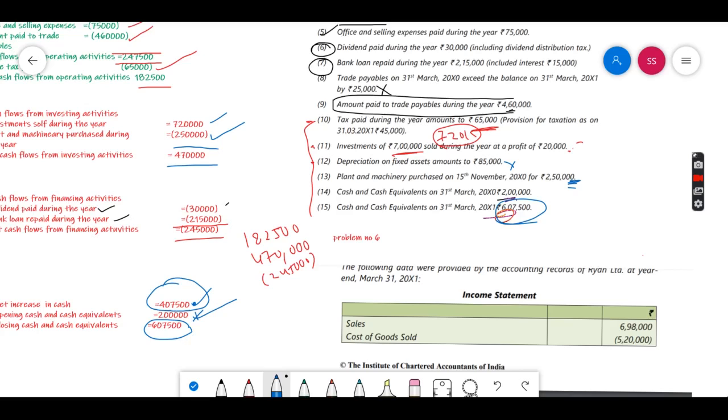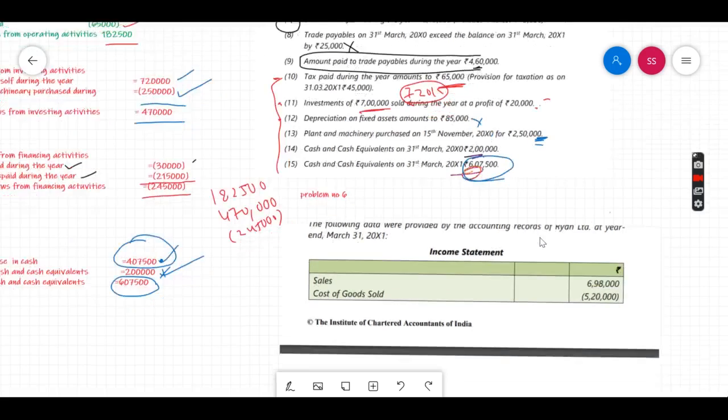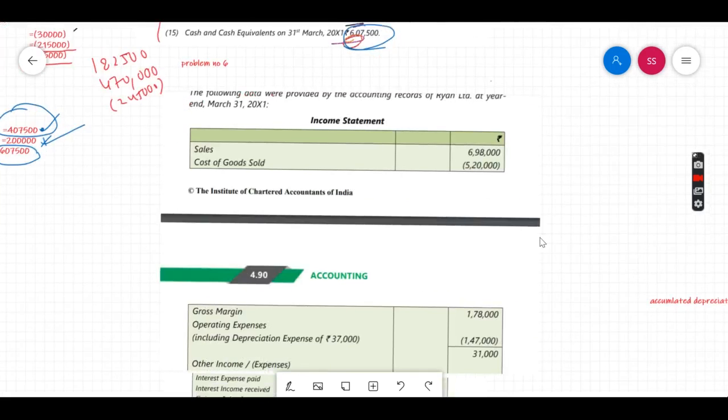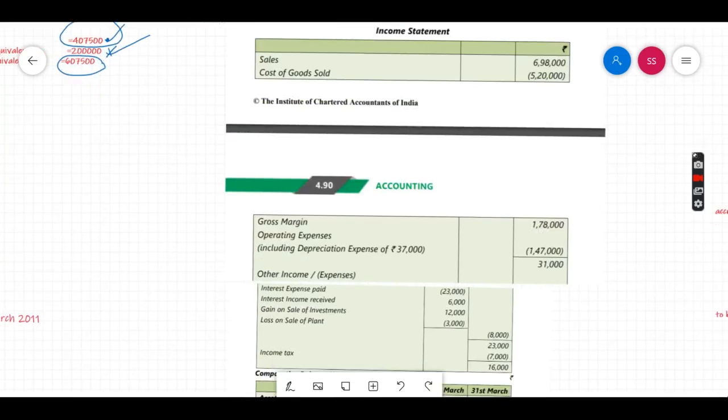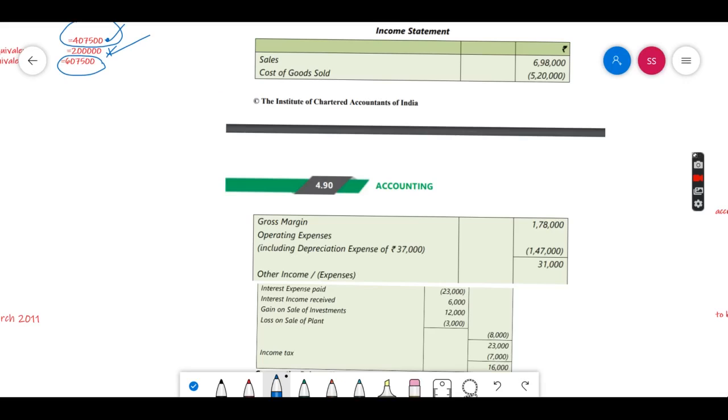Let's start problem number 6. So this is the problem given in the question. The following data were provided by the accounting records of Ryan Limited for the year ended 31st March 2011. Sales, cost of goods sold, and then gross margin, which is gross profit, minus operating expenses. This includes depreciation of 37,000.